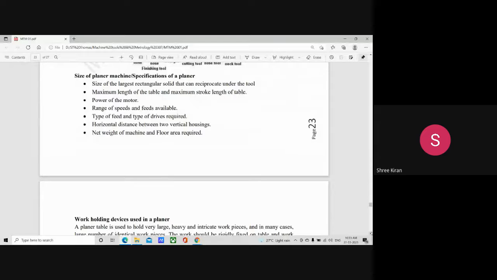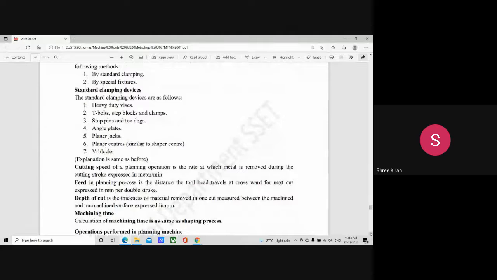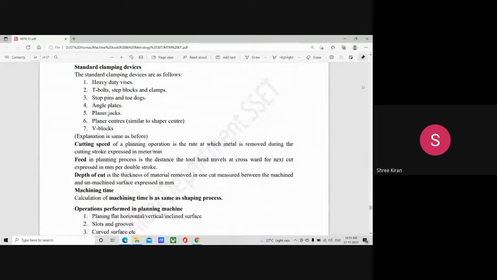Now we will talk about the work holding devices in a planer. These are mainly the work holding devices in a planing machine.